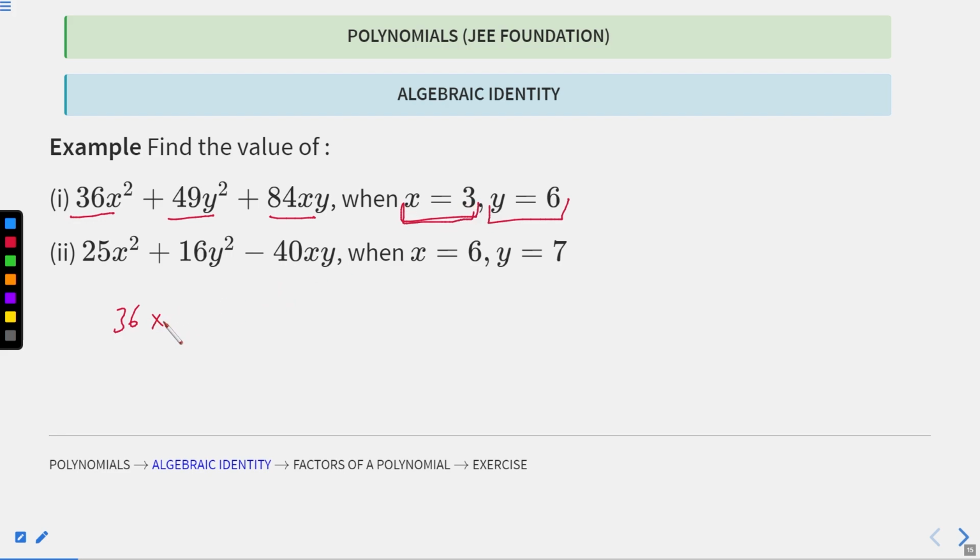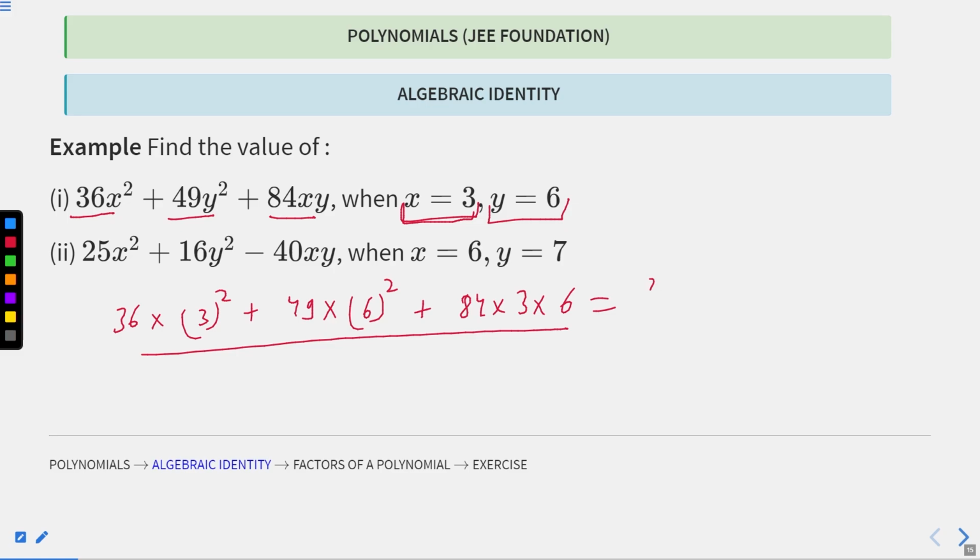For example, 36 times x square, this means 3 square, plus 49 times y square, this means 6 square, plus 84 times x, which is 3, times y, which is 6. Now just evaluate it and you will get your answer. But this is a very lengthy process, so we will be using identities. How are we going to use identities?